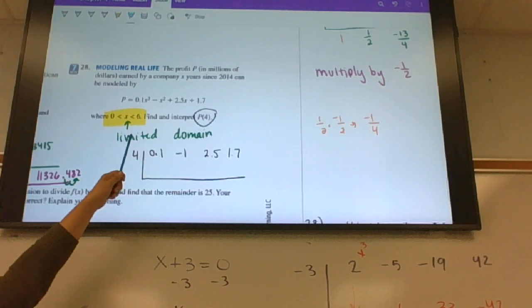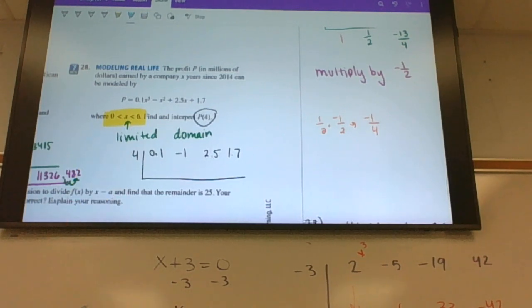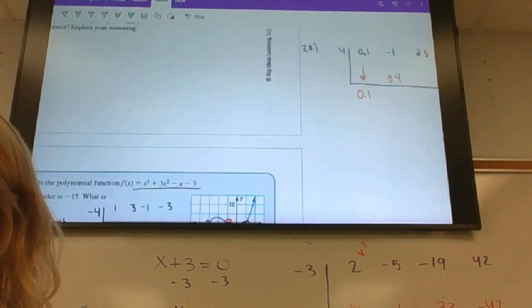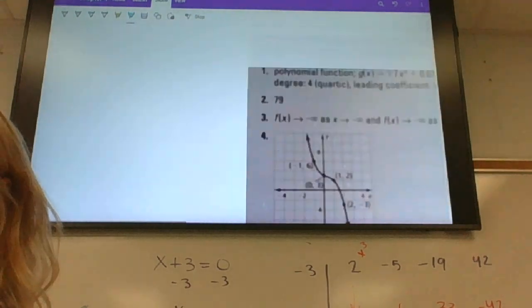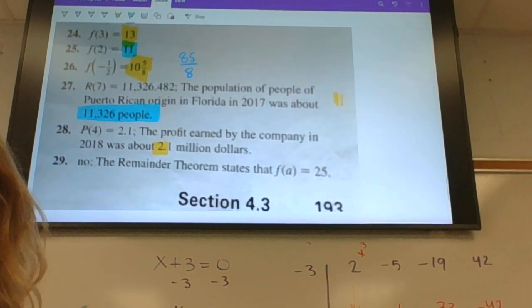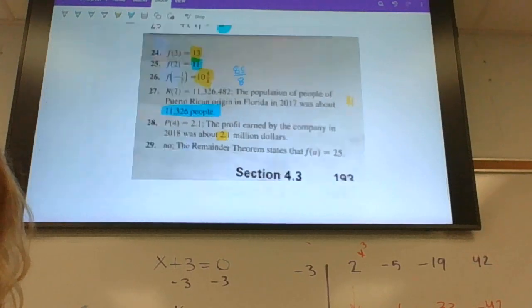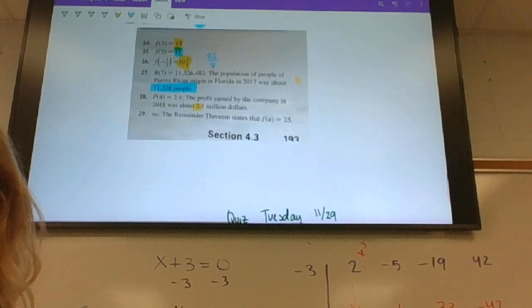So they accepted this profit model for these 6 years, and then something changed in their business, and they no longer used it. So when you put 4 through the whole process, you get $2.1 million out. Pretty good job for that company.